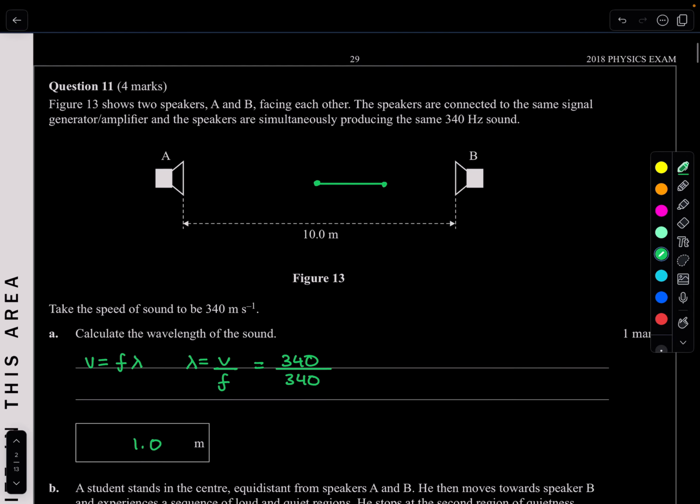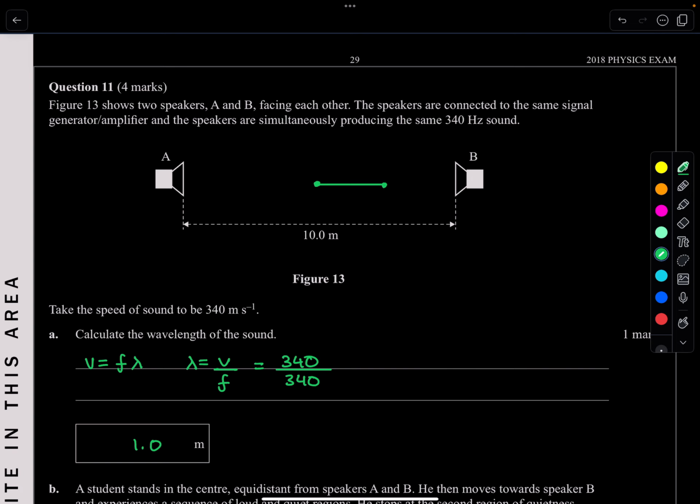So if he's here right now, the distance to speaker A, let's call this distance Y, and the distance to speaker B, call it X. Your path difference, PD, is equal to Y minus X, because it's the difference between the distances from those speakers.